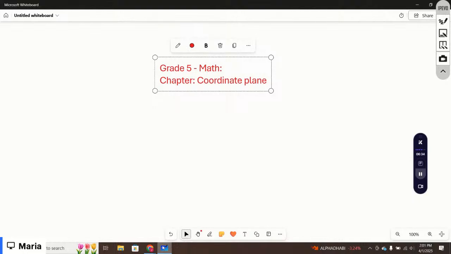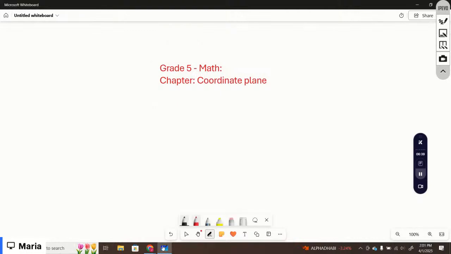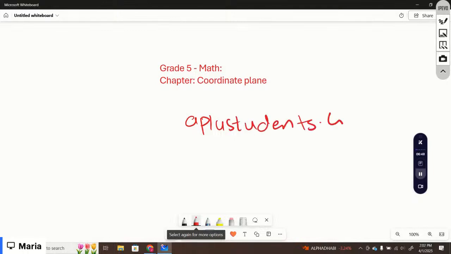You can find all the lessons on aplusstudents.com. You have to log in there using your email address and the password provided by the administrator.